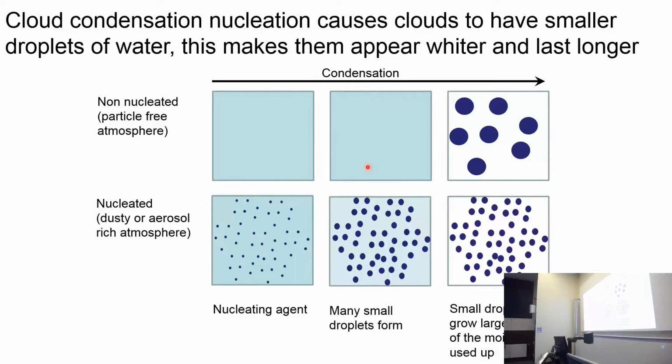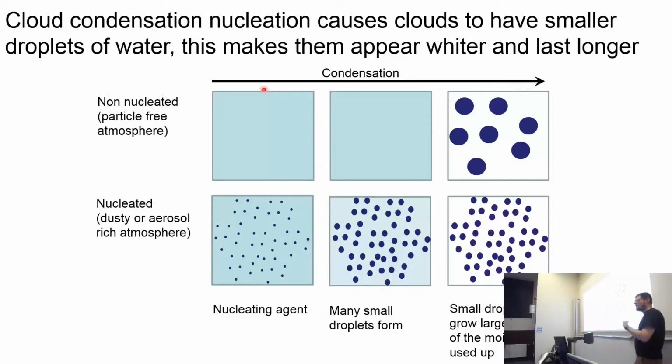So the reason for this, imagine these boxes represent bits of atmosphere. If we had a box of atmosphere full of moist air, lots of water in it, and we start to cool down that box, we want to start forming water droplets.